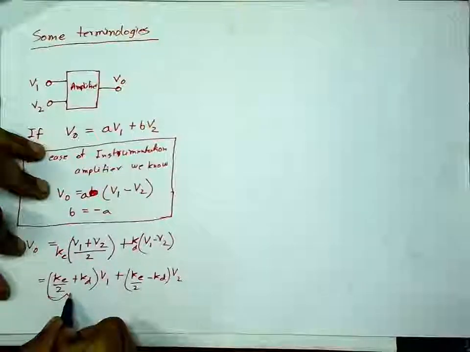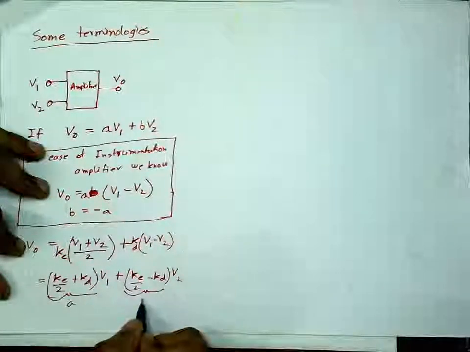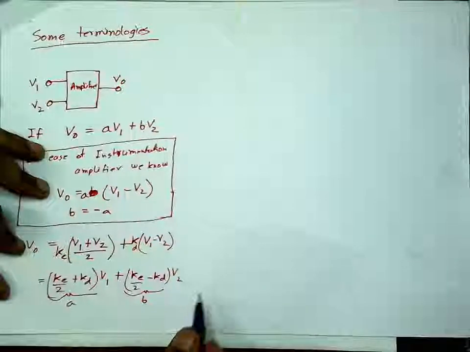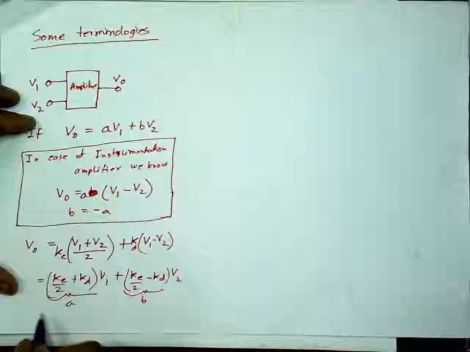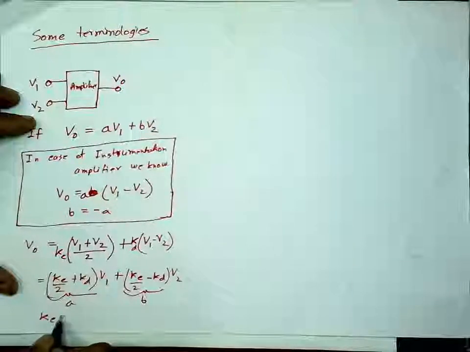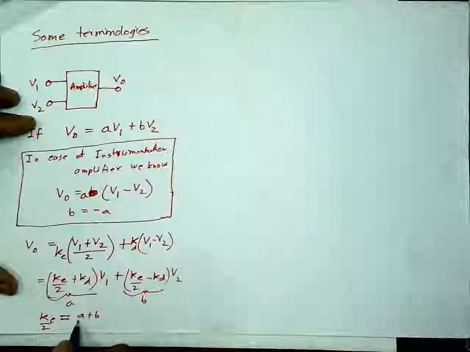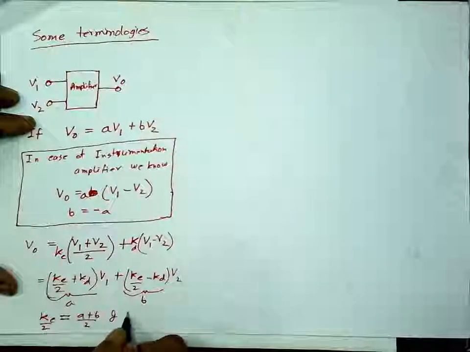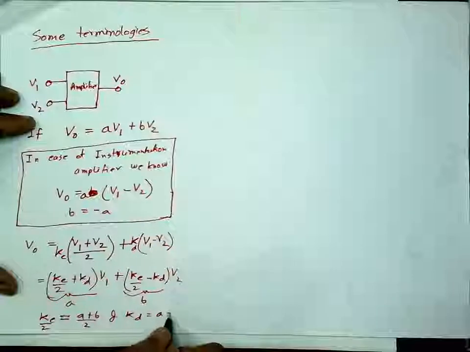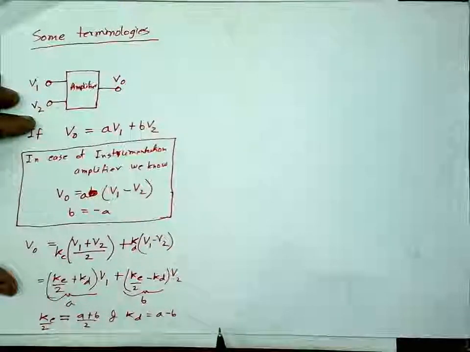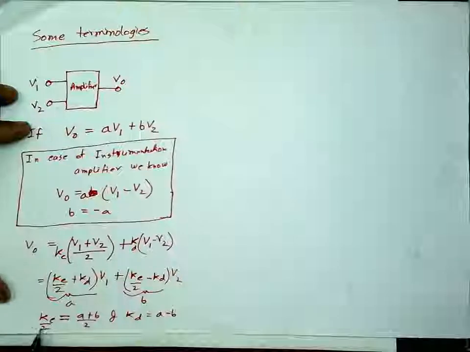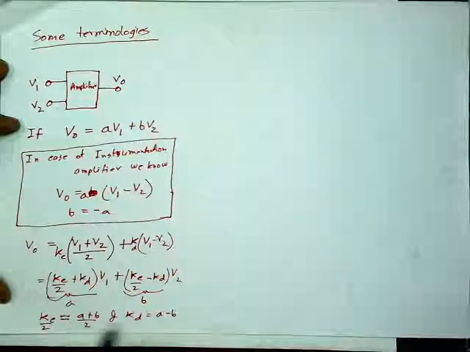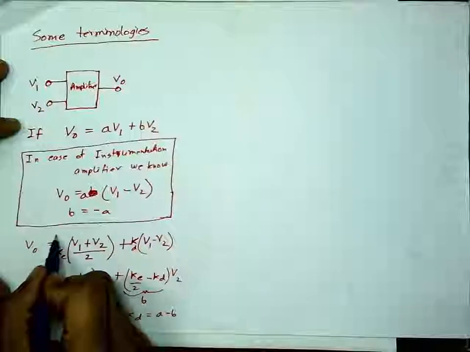Now if I call these A and B, then you can write that Kc by 2 will be (A + B) by 2, and Kd will be A minus B. So you can choose Kc equal to this and Kd equal to this, and then you can write it in this way.